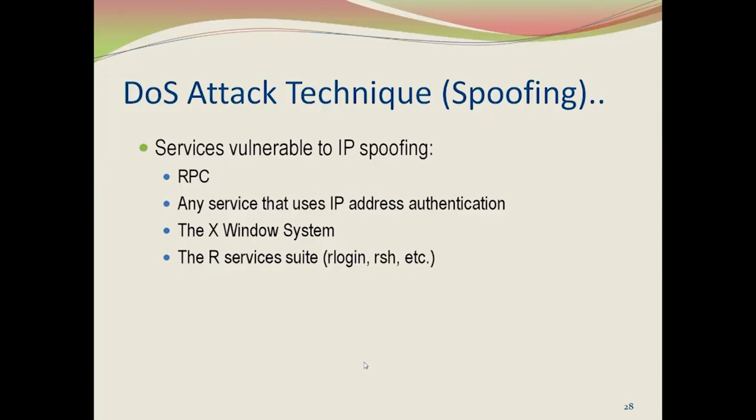whom to block. So, services vulnerable to IP address spoofing are remote procedure calls, RPCs, any service that uses IP address authentication, obviously very obvious, okay. The X window system, the different remote login suites, remote services suite, all these are affected.